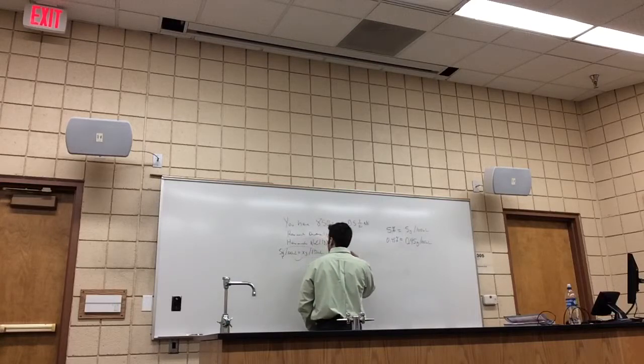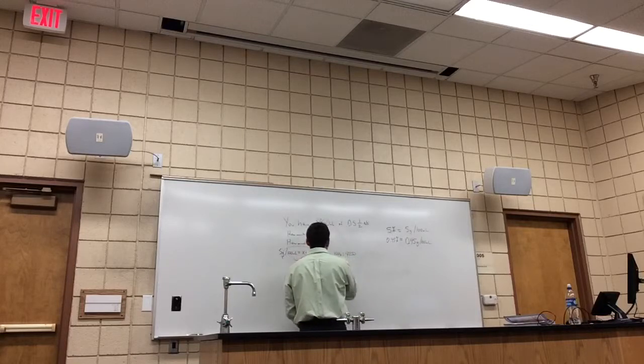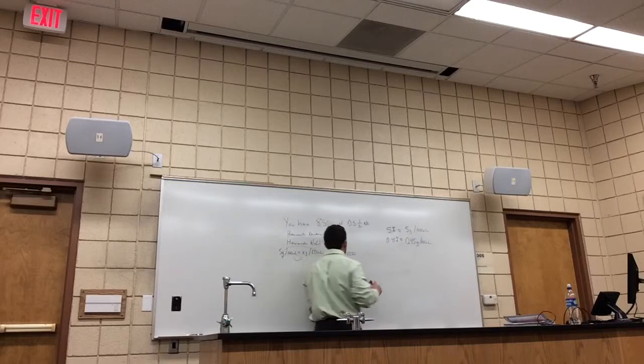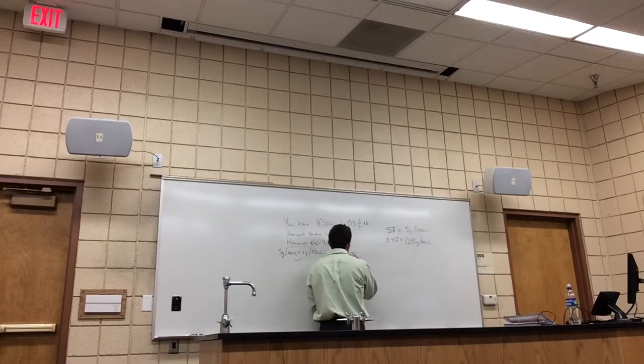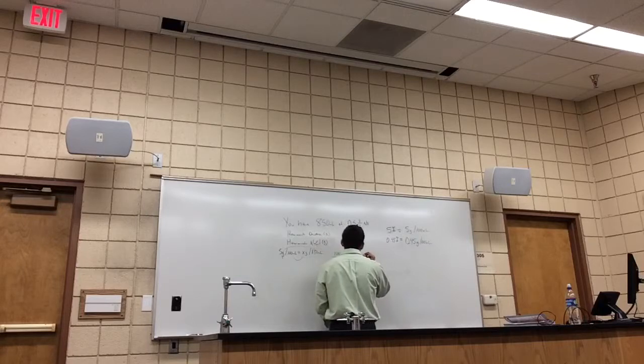Got our 100x equals how much? 4,250, which is 5 times 850, correct? Correct? Yes. Divide by 100 to get x by itself, divide by 100. So I have 42.5 grams of dextrose.